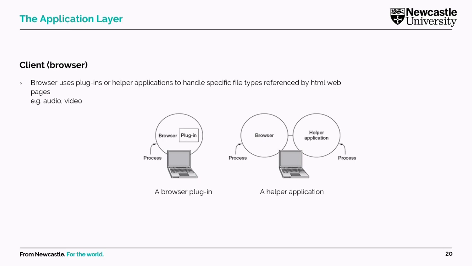That eventually went away and gave way to HTML5 and other, more efficient forms of viewing video on the web. So instead of having a plugin, you have a helper application, a separate process running on your machine that talks to the browser and is responsible for displaying video or audio or other kinds of media.